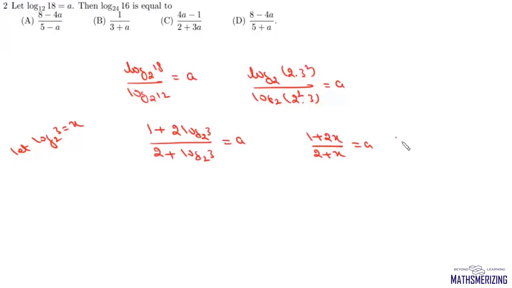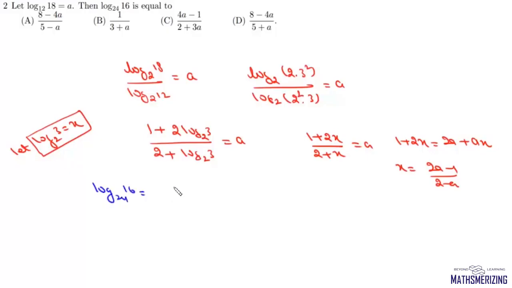If we cross multiply, we'll write 1 plus 2x equals 2a plus ax, that is, the value of x is (2a minus 1) upon (2 minus a). So from here we have got the value of log 3 base 2. Now we need to simplify this expression, and this expression is log 16 to the base 24.